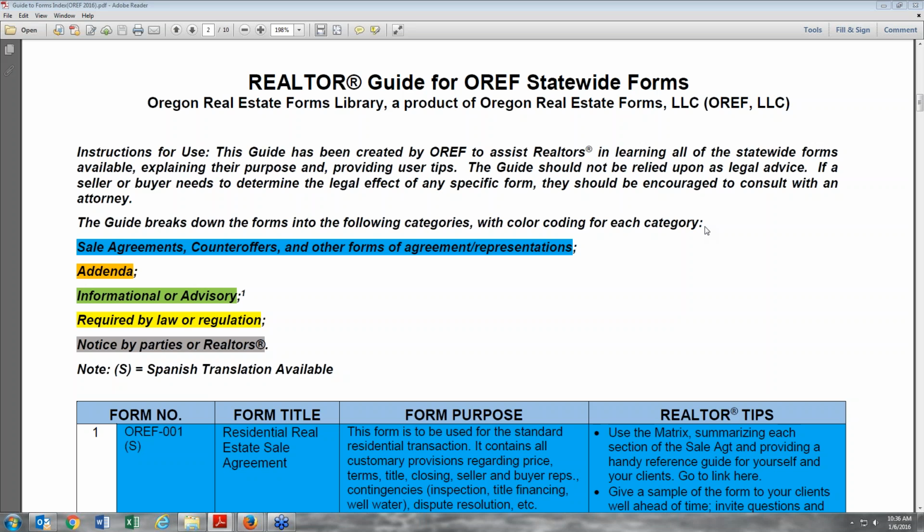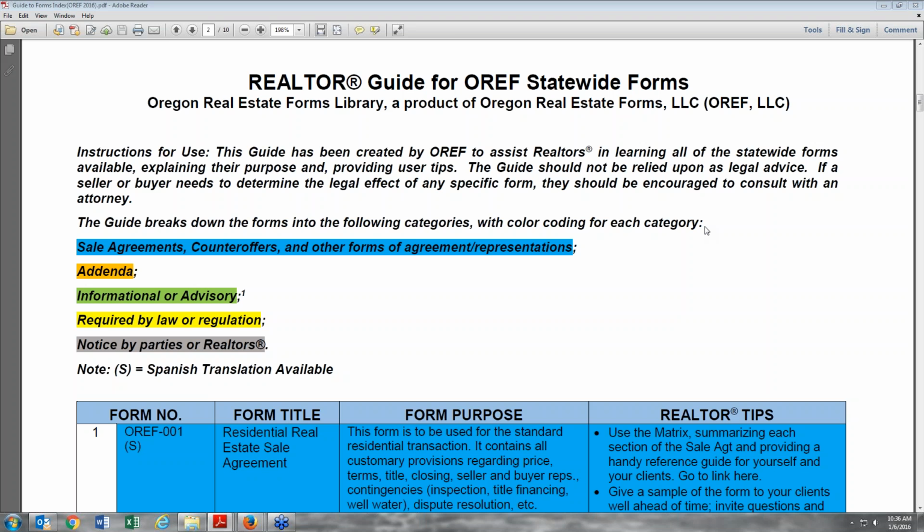And then the third document is another matrix. It's a sale agreement matrix, and it does essentially the same thing. It breaks down the sale agreement with each section number, each section title, the purpose of that section, and then realtor tips. So it's something that I think is very, very good, not only for realtors themselves, but perhaps even for your own clients to use.